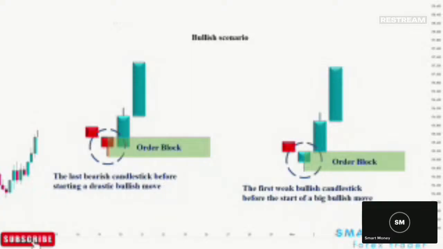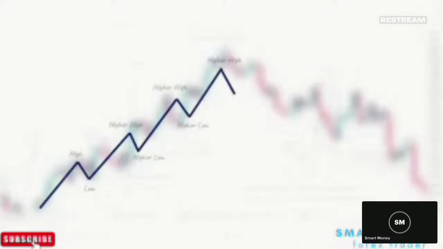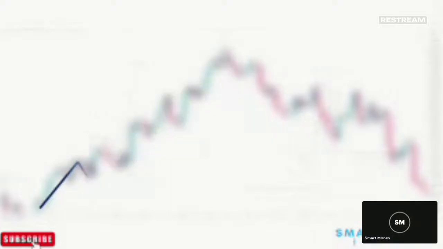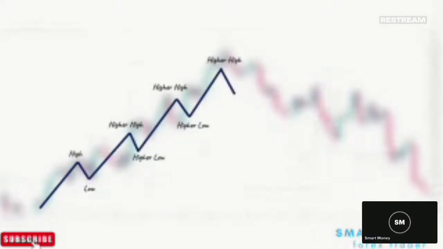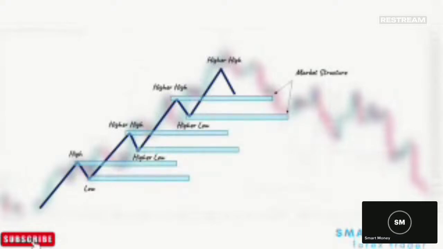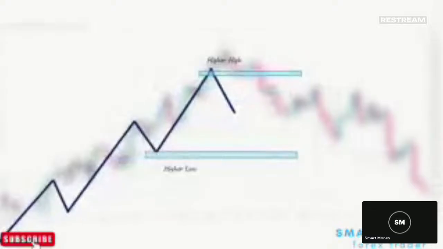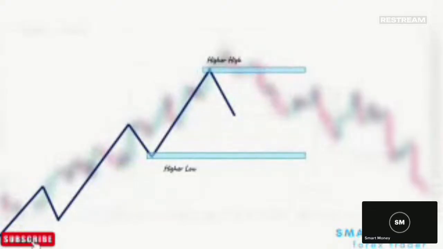Now let's discuss the concepts of break of structure and change of character. Imagine a trendy market with a series of higher highs and higher lows. In this case, each of the highs and the lows are market structure levels, and the most recent higher high and higher low are the ones we monitor.